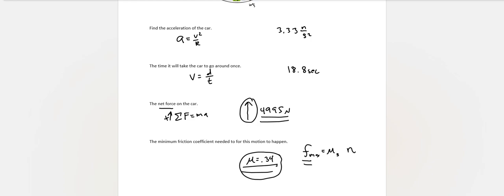So basically, as long as the frictional coefficient between the tire and the road was 0.37 or 0.6 or 0.8, the car could go in the circle fine. But if that frictional coefficient fell to 0.30 or 0.31, the car is going to start to slide. And once the car starts sliding, kinetic frictional coefficients, remember, are smaller than static frictional coefficients. So once the car starts to slide, it's going to continue sliding, most likely.